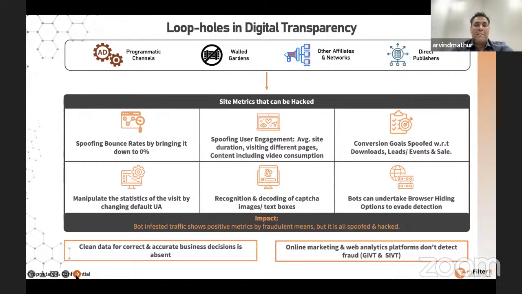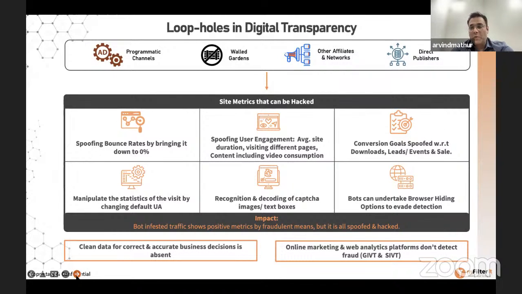They can actually manage your bounce rates. They can also fake how much average time a user is spending on your site. So if you give deep down hard KPIs also to an affiliate saying, okay, we are not paying him for a click, we are paying him maybe for a visit, or we'll pay him maybe for a user navigation journey on our page, even those metrics are getting faked, right?